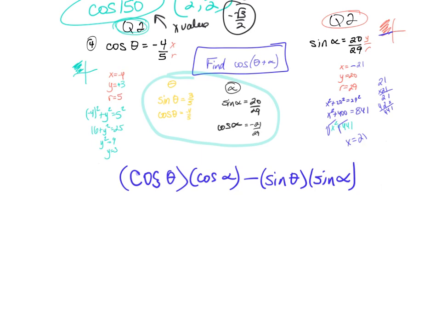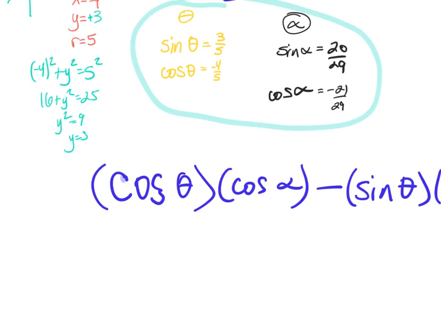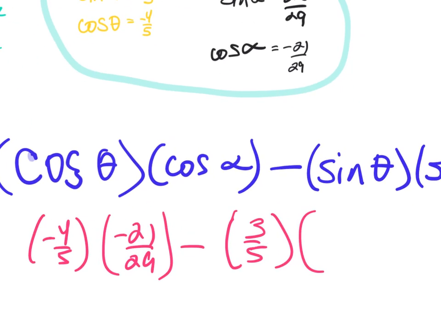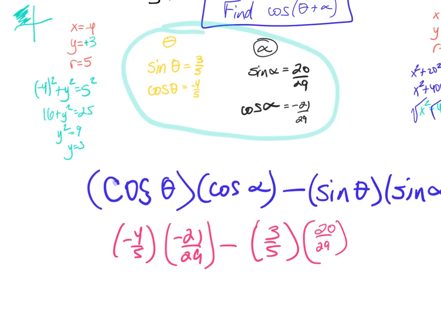What's the cosine of theta? Negative 4 over 5. What's the cosine of the other one? Negative 21 over 29. Minus, what is the sine of theta? 3/5. And what is the sine of the other one? Yep. So take a second to make sure that you have each angle represented where it needs to be.